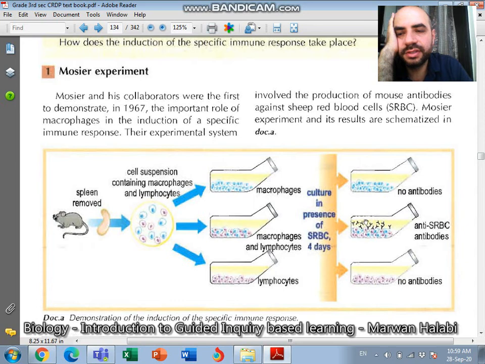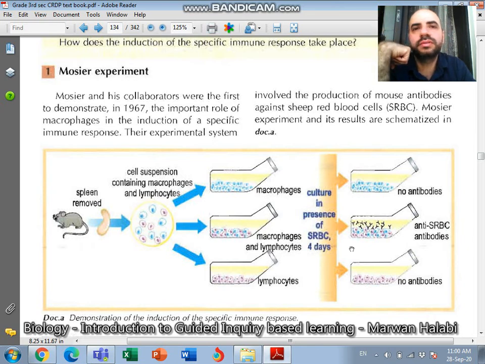However, antibodies are being produced with the same addition of sheep red blood cells for the same time, but in the presence of macrophages and lymphocytes together, taken from the same mouse. So by this way, we analyzed this experiment.